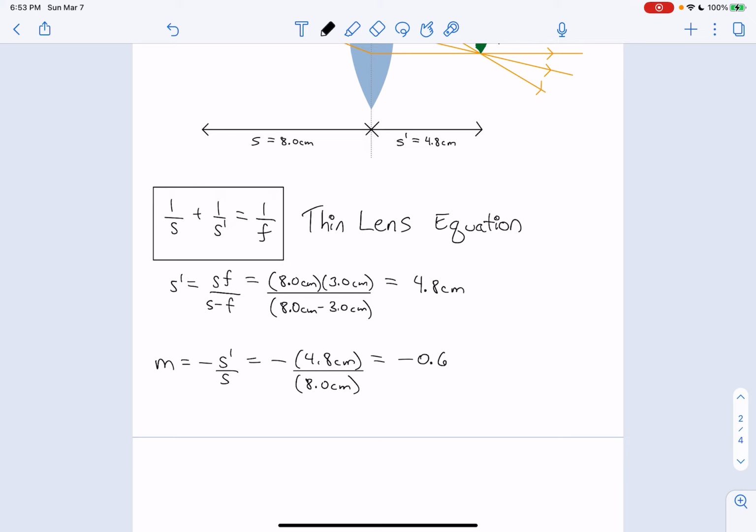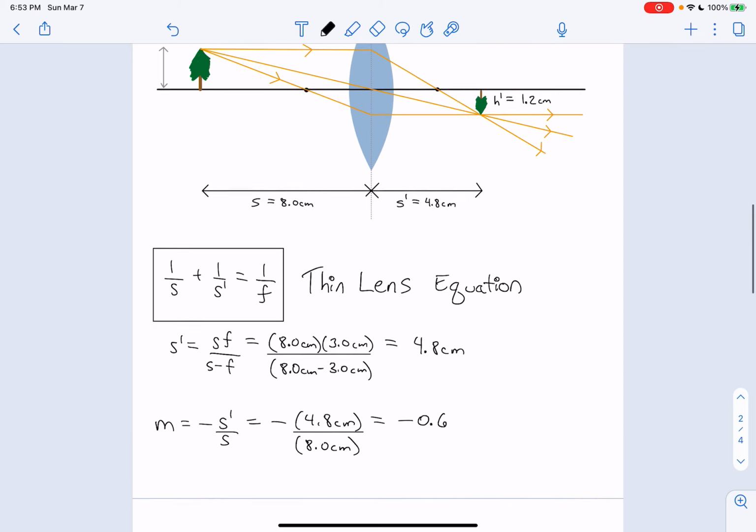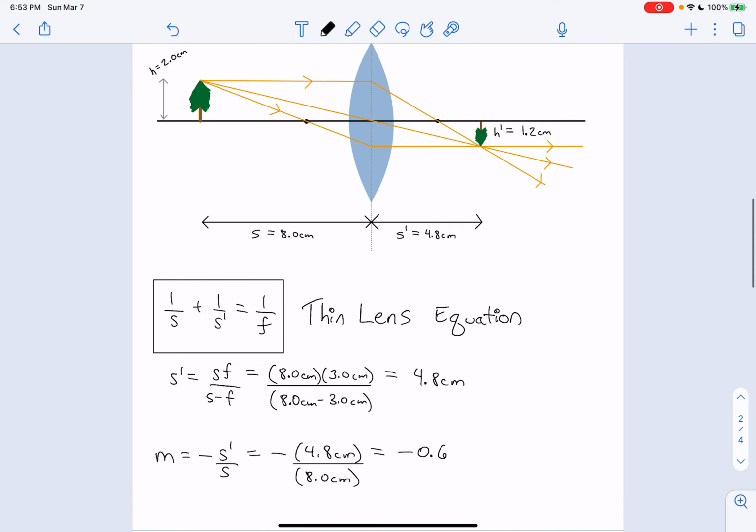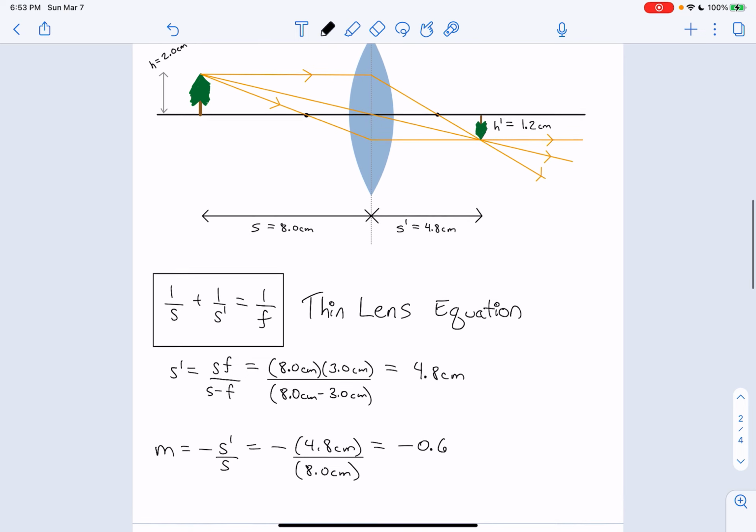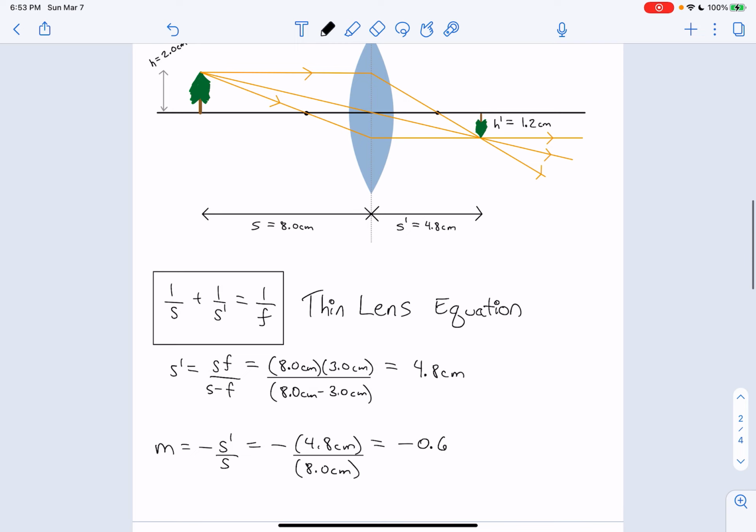All right. Now you might be wondering, why do we have a minus sign there? Well, that is giving us a sense of orientation. So the minus sign is, it's on the other side from the original object, so it's below.